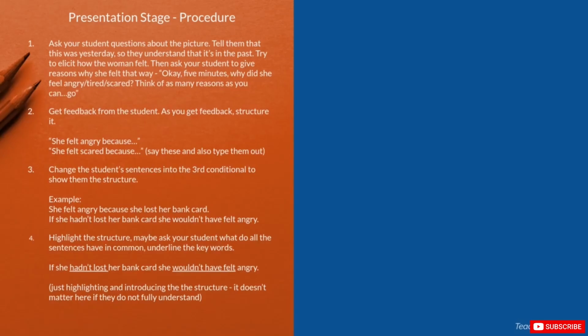And we finished up in the last video with the procedure of the presentation stage clear in our minds. We have a good idea of how we're going to go through this. To simplify it, we're going to elicit some vocabulary from the student using the image. And then with the feedback from the student, we're then going to introduce the third conditional by changing the student's sentences into the third conditional.